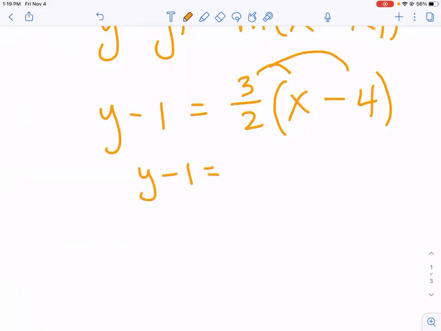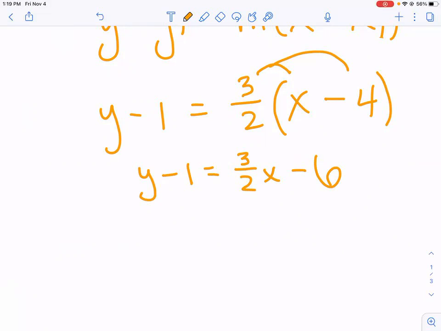Y minus 1 equals, if I distribute the 3/2, we have 3/2 x minus, what is 3/2 times 4? 12. That's a 6, not 3.